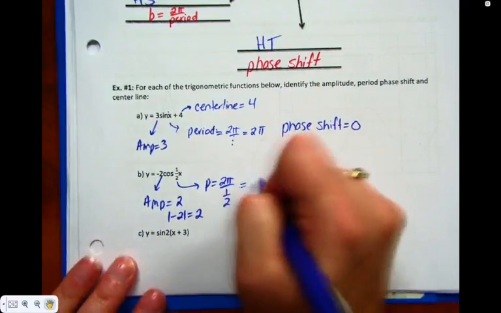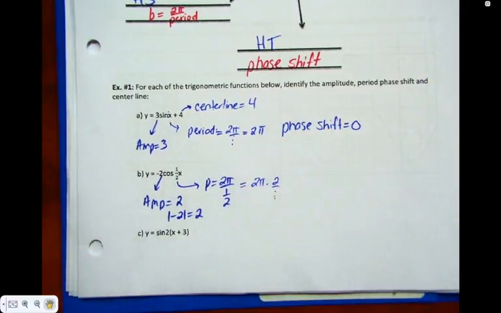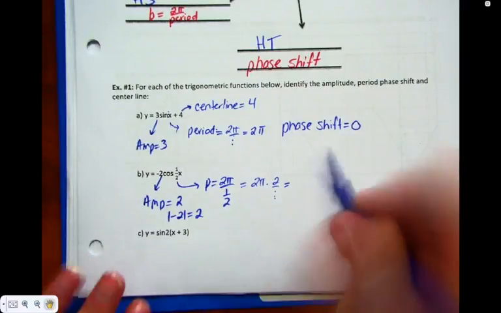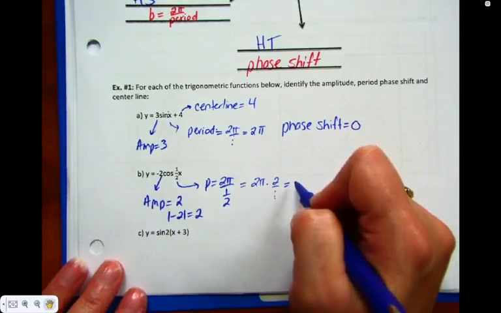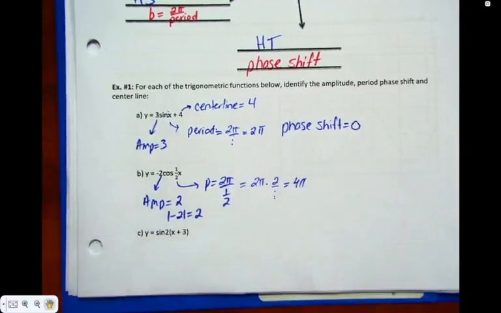Take the reciprocal. So this is going to turn into 2 pi times 2 over 1. 2 pi times 2 is 4 pi. Which should make sense because what that number represents is a horizontal stretch. So we have grabbed this graph and we've stretched it, so we've made the period of the graph bigger.